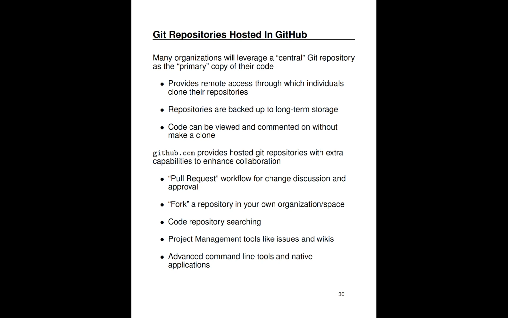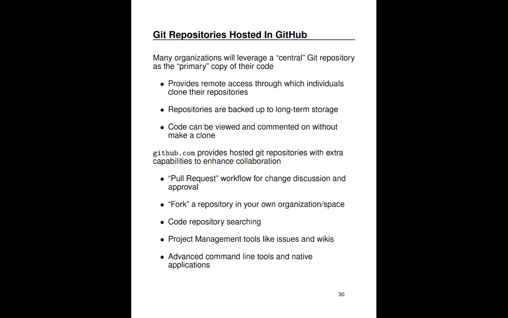GitHub's cool because beyond providing basic Git support, it has some extra facilities to enhance collaboration. So in GitHub, you can create what's called a pull request, which allows you to request that changes from a branch that you've been working on be integrated into the primary branch of the repository. And as part of that request, you can have a conversation with other people about the changes that you've made, and so things can get approved or denied, and suggestions can be made.